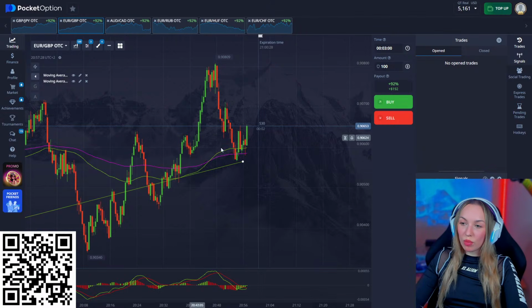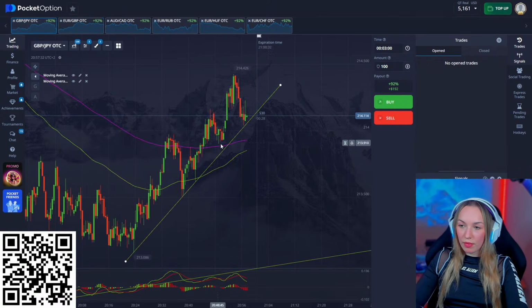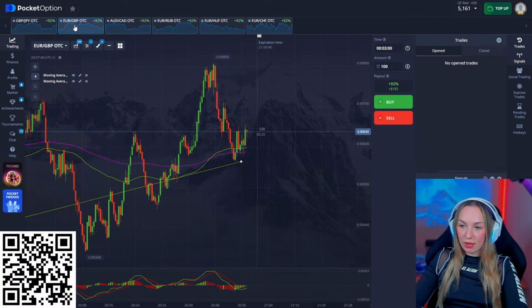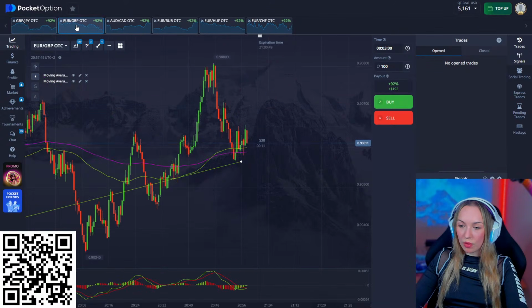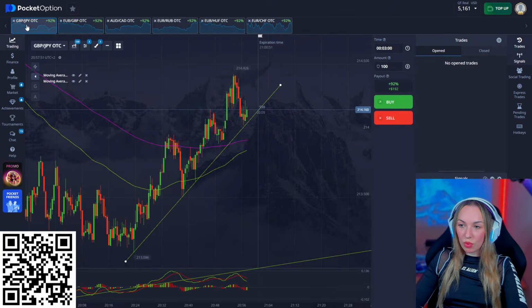So here I would open the trade for 5 minutes and more on Euro GBP. And look. GBP JPY, come on. So right now I'm watching these two, GBP JPY and Euro GBP. I would love to open here the trades on Euro GBP for 5 minutes, and on GBP JPY I'm about to open the trade for 3 minutes.